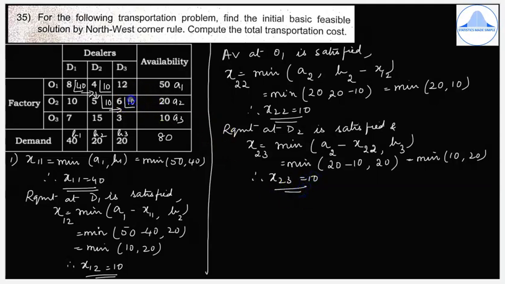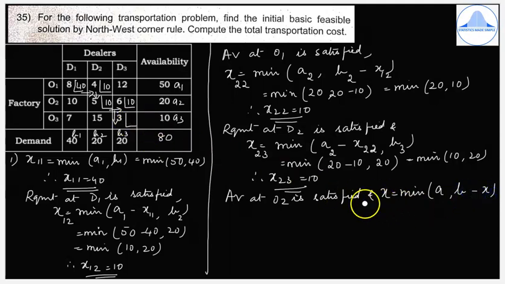Next write 10 here. So 10 plus 10 is 20, which matches with the availability at O2. So availability at O2 is satisfied. So whenever availability is satisfied, you move vertically down. So you come to this cell and the formula is x is equal to minimum of A comma B minus x.